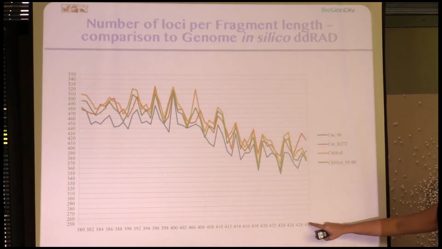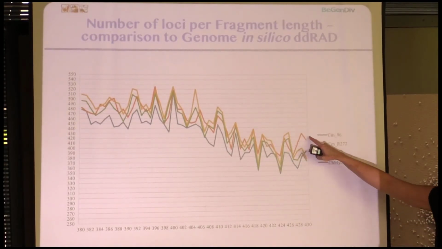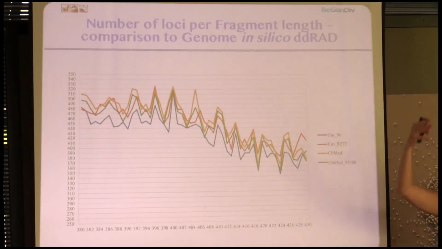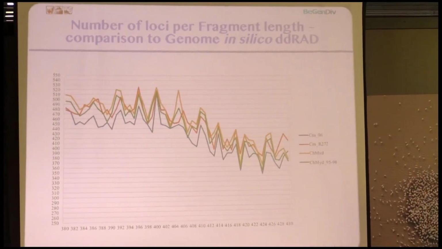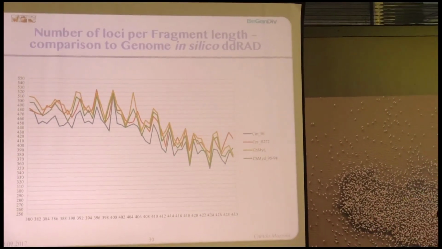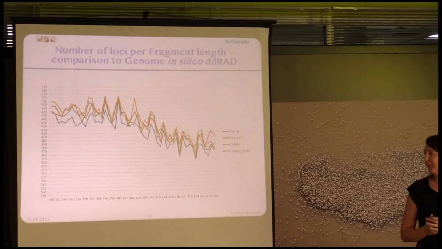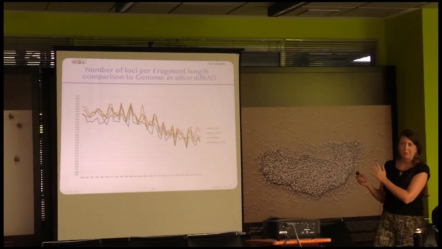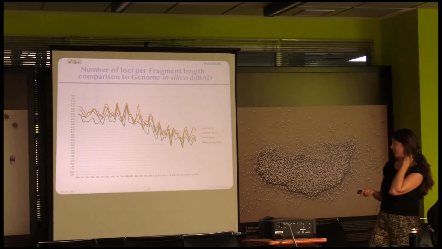So the longer the fragment, the fewer loci you have, about 400. The shorter the fragment, the more loci you have. So the shape looks really nice. My data and the genome look pretty similar. So I was happy about that. But it doesn't mean I have exactly the same loci, just the same number of loci.